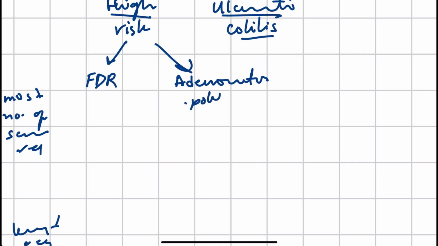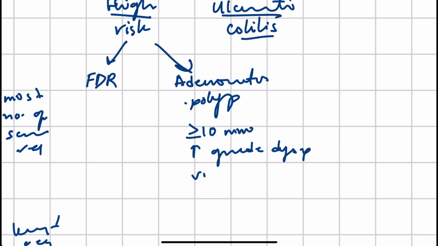Firstly, for adenomatous polyps, because they can also be benign, they could become high risk if they are greater than or equal to 10 millimeters, if they have high grade dysplasia, or if they have villous elements, for example. All of these things mark it as high risk. Otherwise adenomatous polyps can be benign and can also be found in the general population.